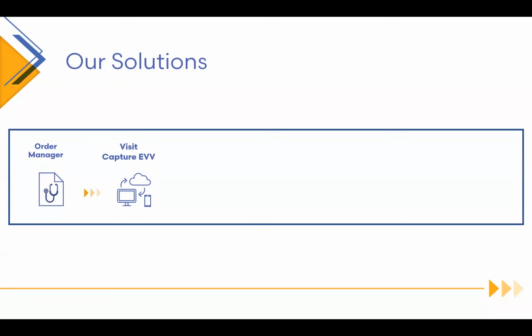And then the caregiver visits the patient's home, typically using a mobile phone. That is used to capture the visit information, such as the start time, the end time, the type of service provided, etc. That information is then used for electronic visit verification, or EVV, and I'm going to talk about that in just a minute.